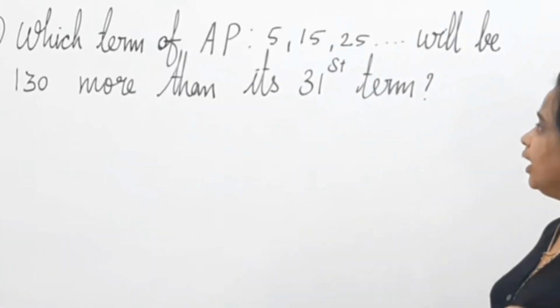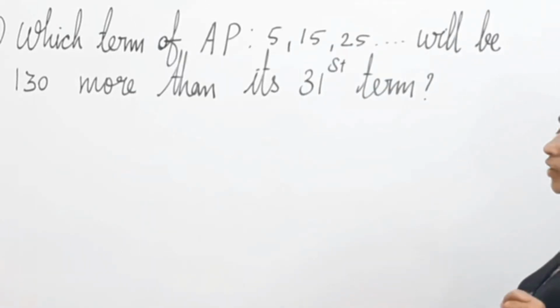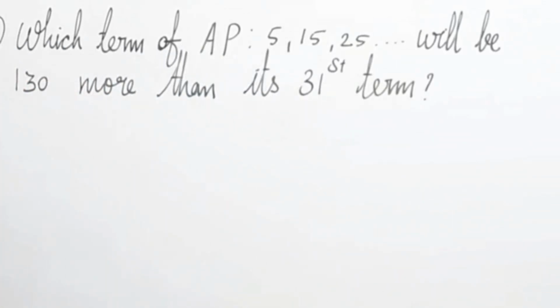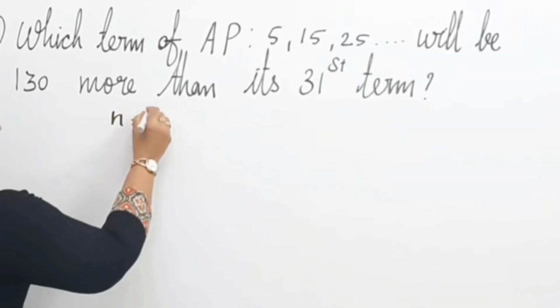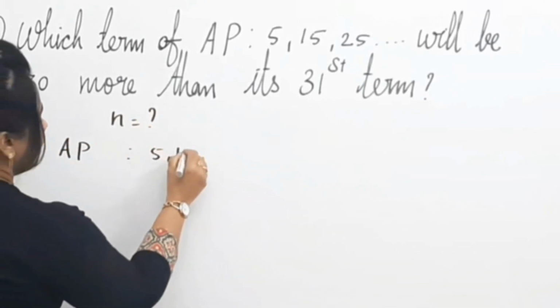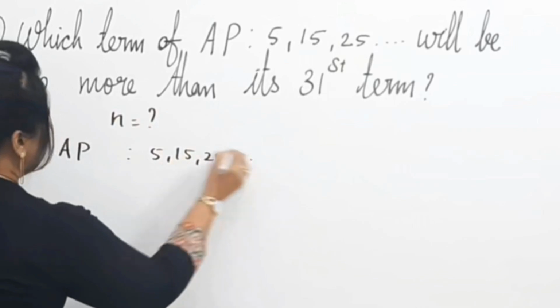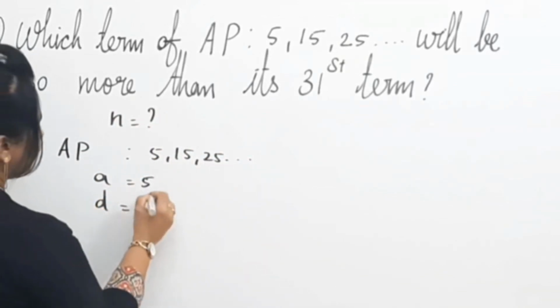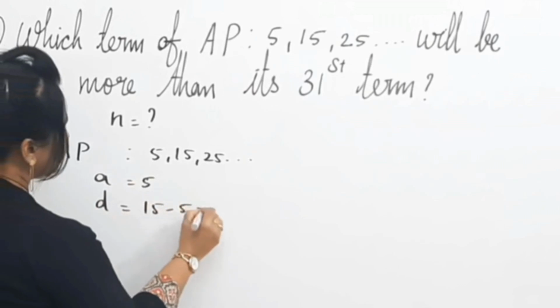Each term of the AP 5, 15, 25 will be 130 more than its 31st term. So I have to find what n is equal to. So the AP is given 5, 15, 25, etc. So a is equal to 5 and d is equal to 15 minus 5, which is equal to 10.